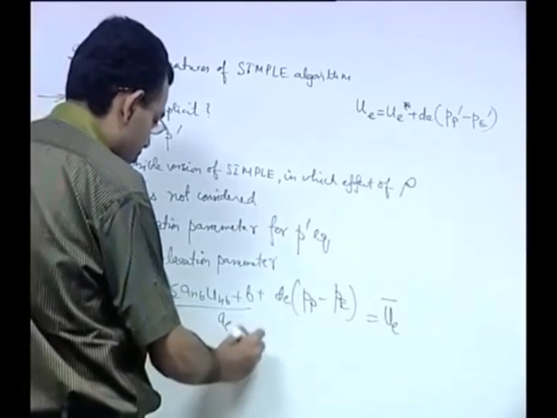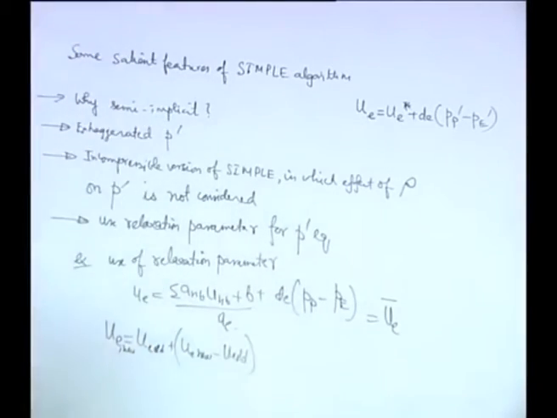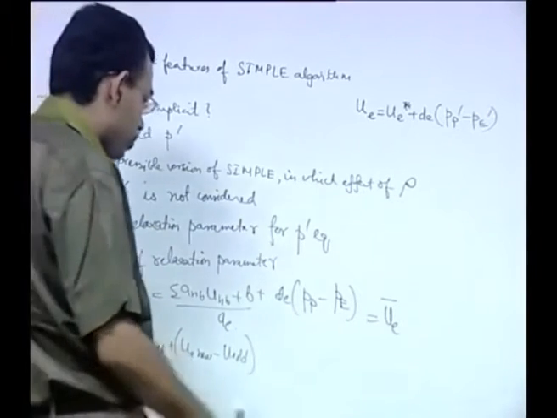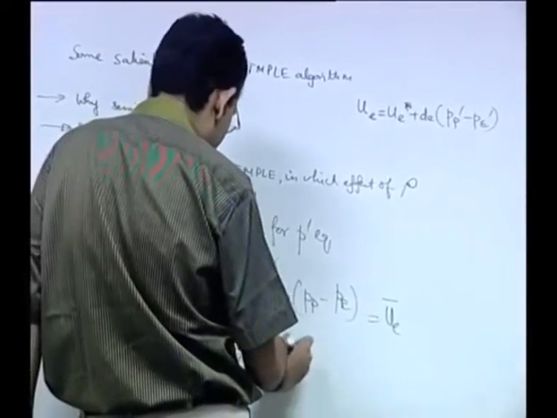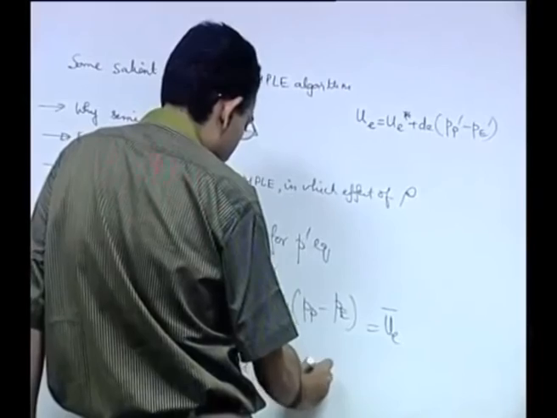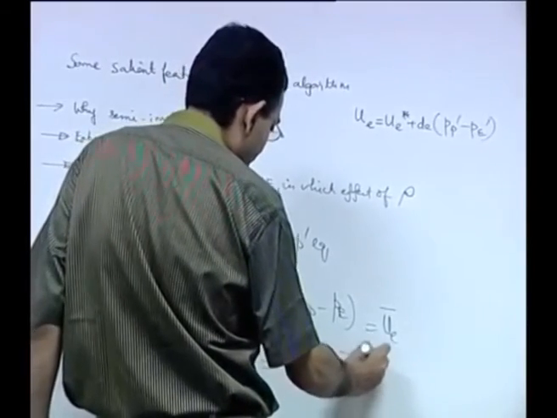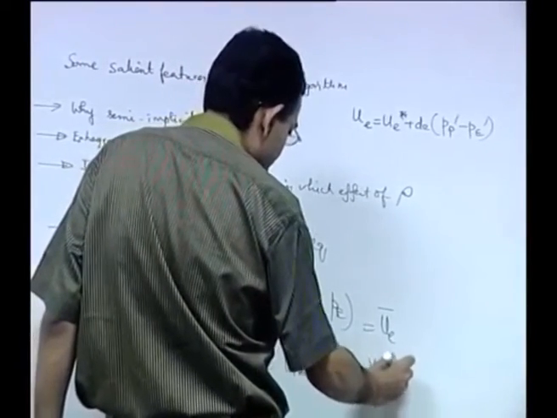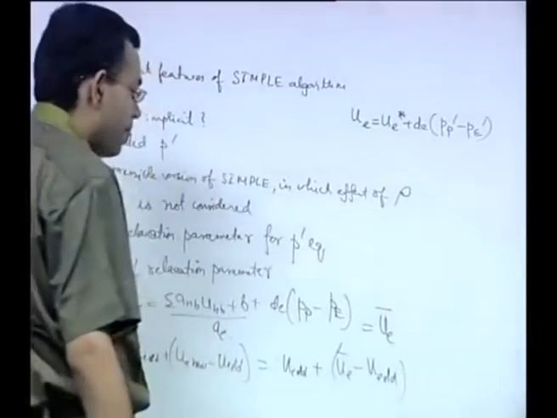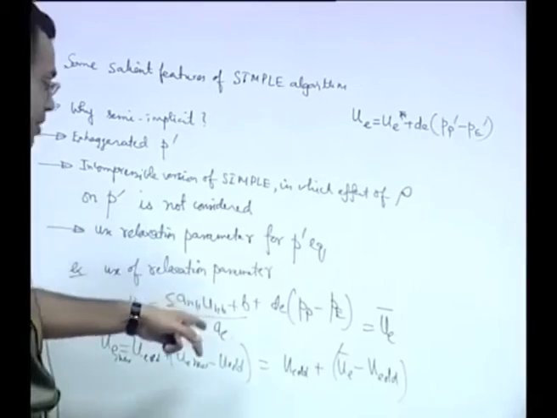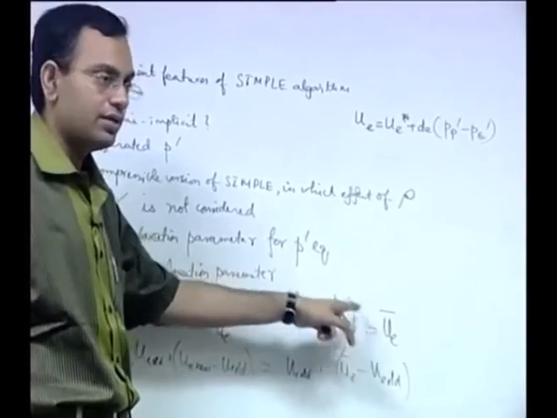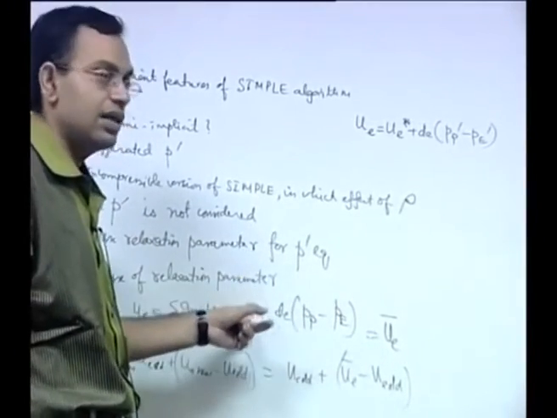Now, in place of u_e new, which should be u_e bar, we can write u_e old plus u_e bar minus u_e old, just a different name. This is the same equation, we have just put u_e bar in place of u_e new to explicitly mention the expression.